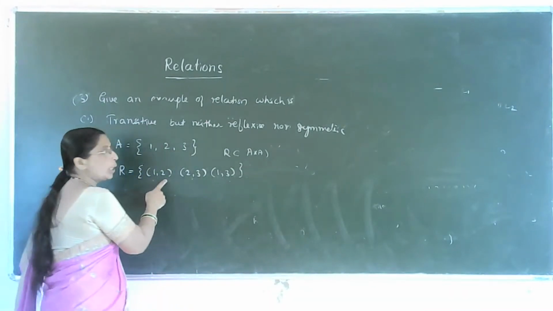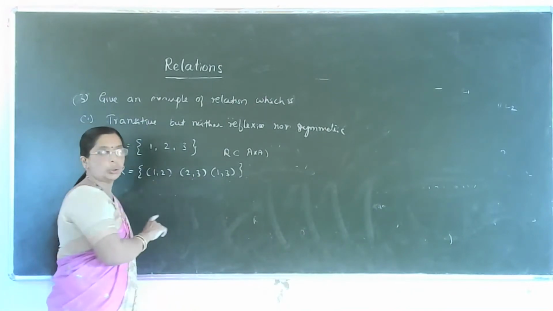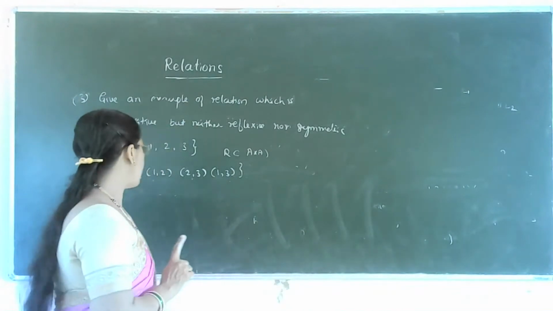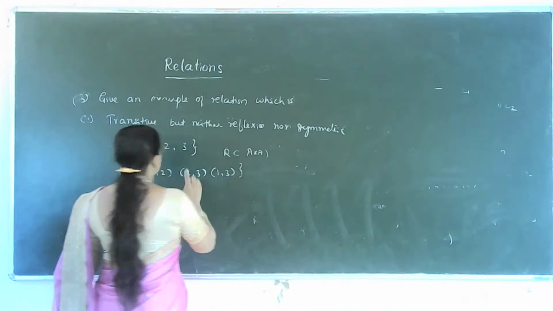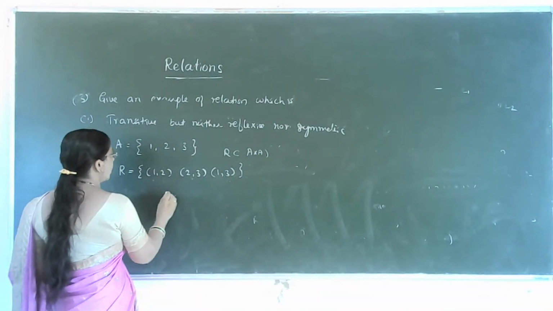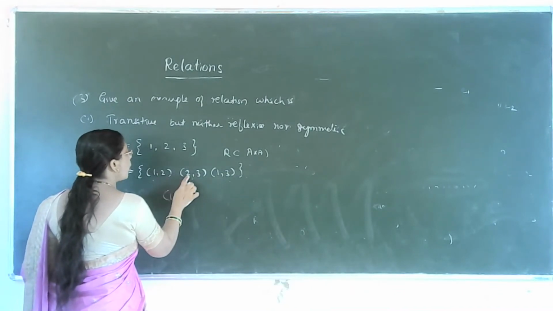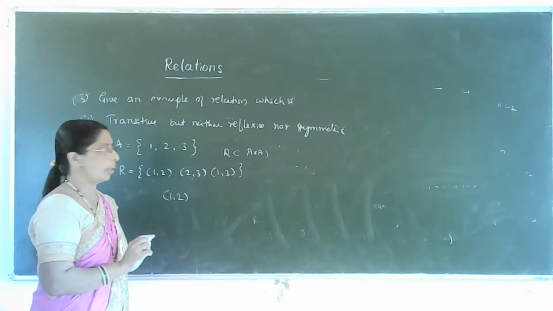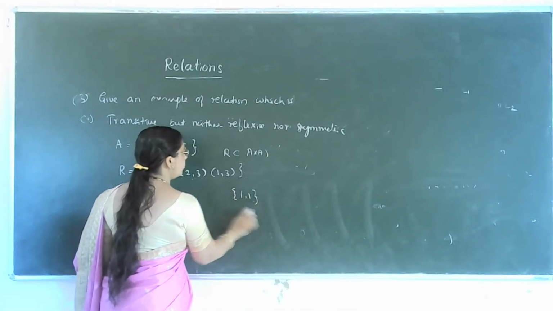Then not symmetric because (1, 2) is there, (2, 1) is not there; (2, 3) is there, (3, 2) is not there. One of the ordered pairs is not there, therefore it is not symmetric. And for transitive, if a pair starting from 2 is not there, you can't check the transitivity property.